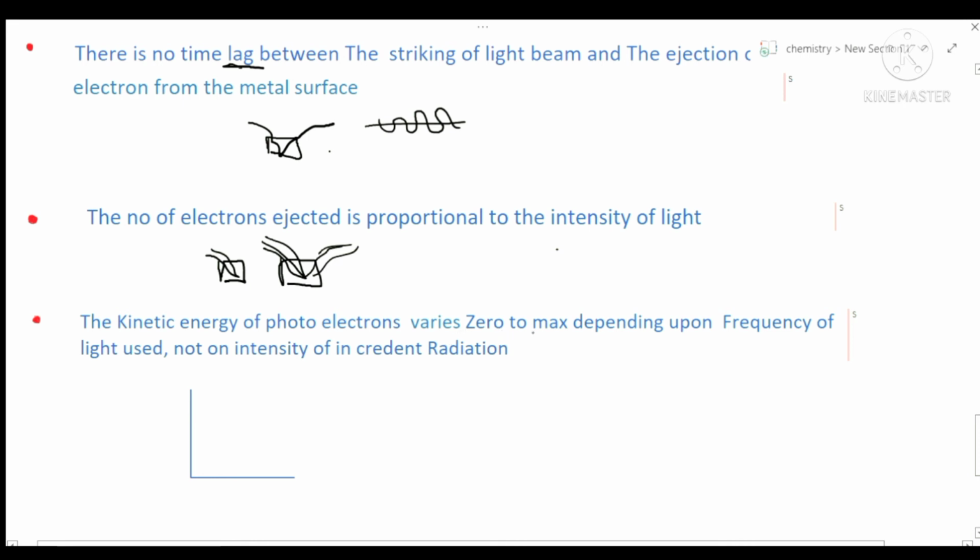Next one, kinetic energy of the photoelectron varies from 0 to maximum depending upon the frequency. We know that as h mu is increasing, kinetic energy is also increasing.